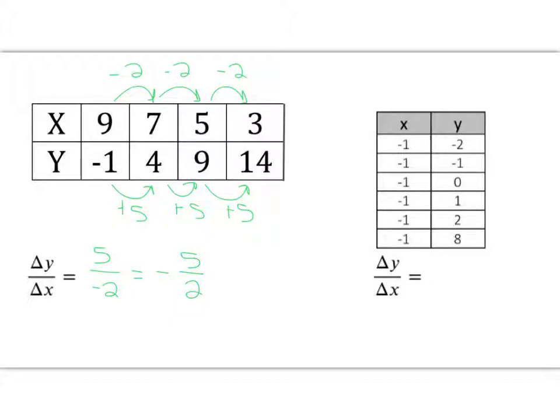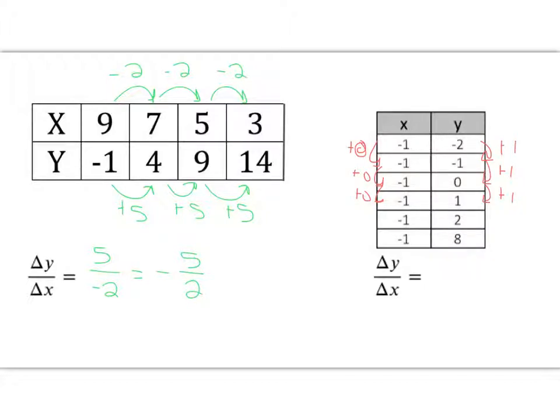If I say my change in y from -2 to -1, I add 1, and I add 1, and I add 1. That's the same all the way down here. If I go from -1 to -1, that's 0, plus 0, plus 0, all the way.